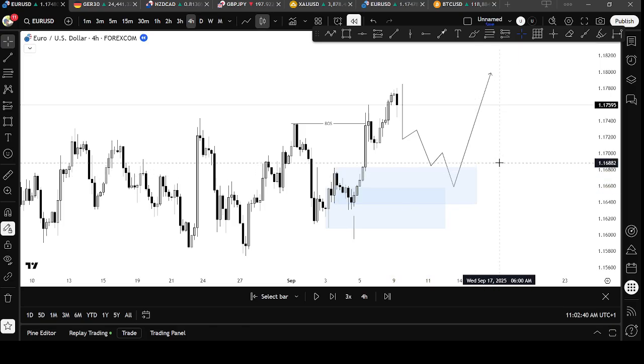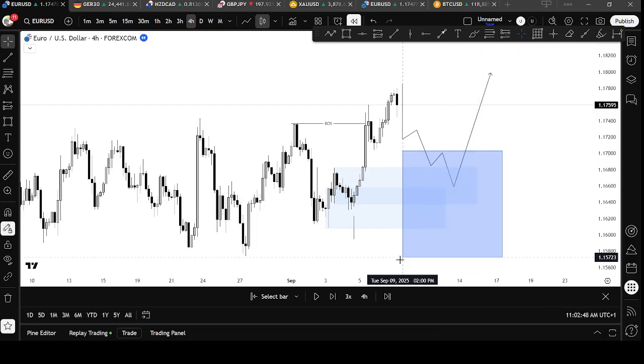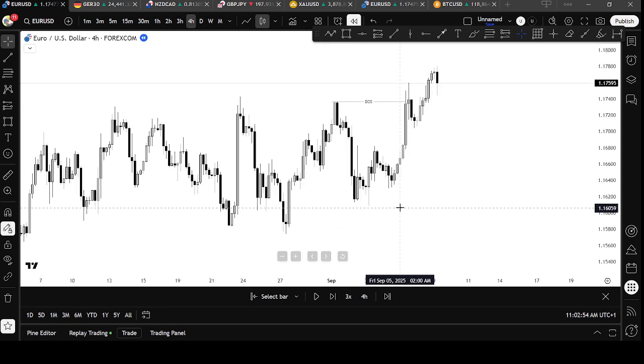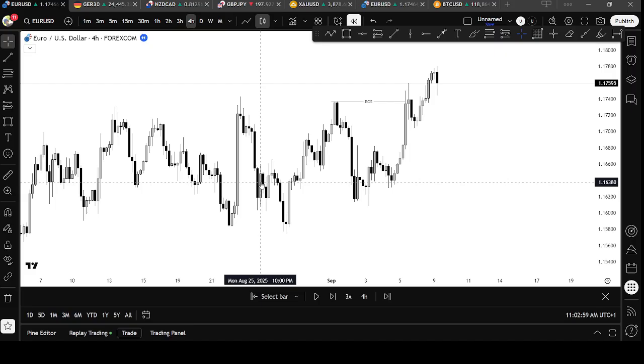But now in S&R, you don't need to mark your supply or your demand like this. Instead, you pick a key level and mark it with just a straight line. In our previous video, I talked about how to mark your A shape, your V shape, and also how to spot fresh and unfresh levels.